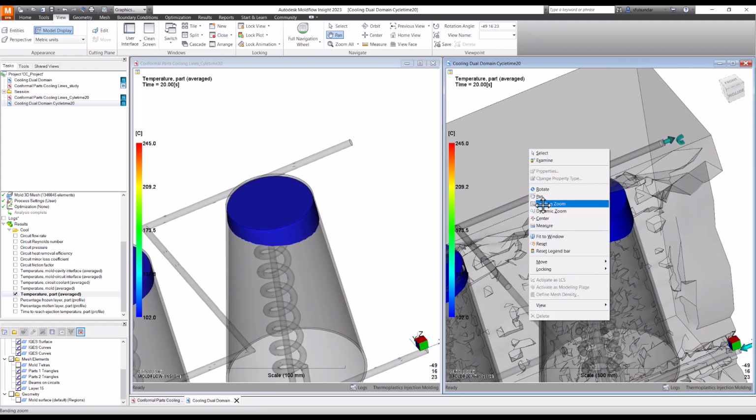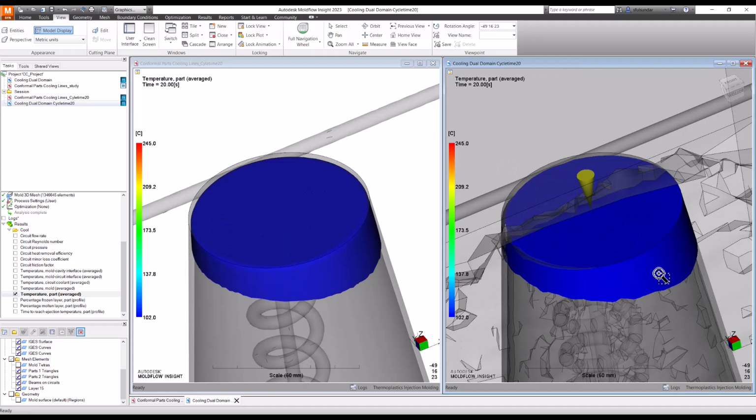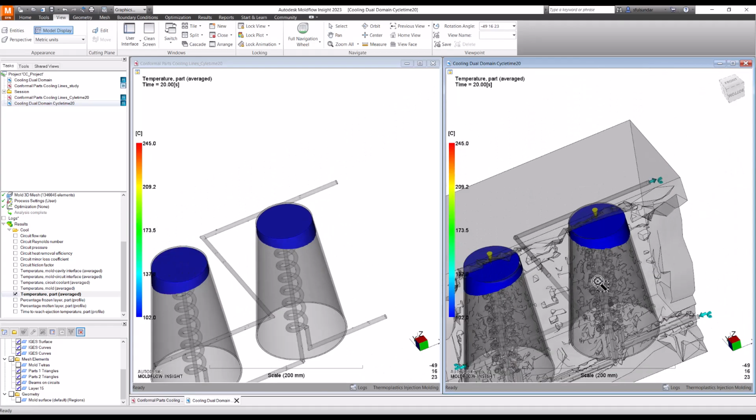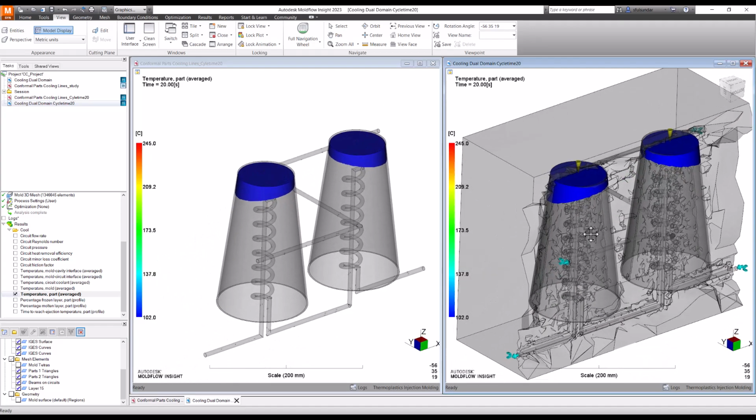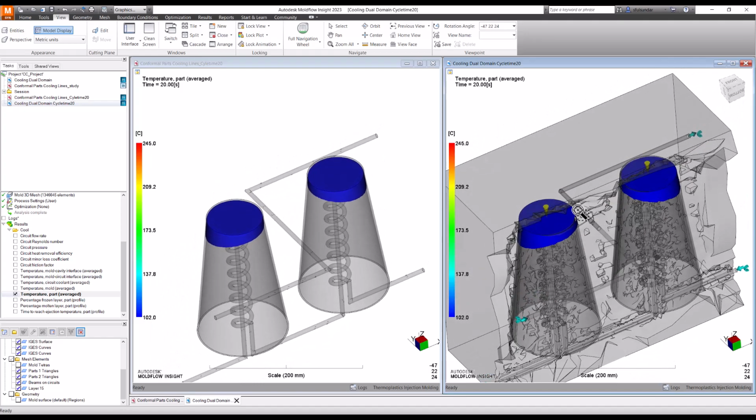And the computation time for this dual domain hardly took 3 minutes versus the 1 hour. And of course I would need a little further increase in my cycle time so that I could cool most of the part area over here.